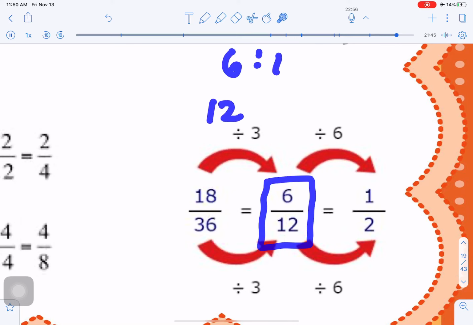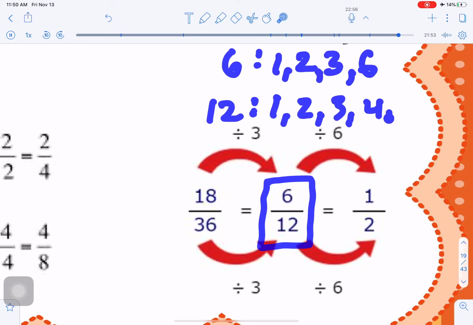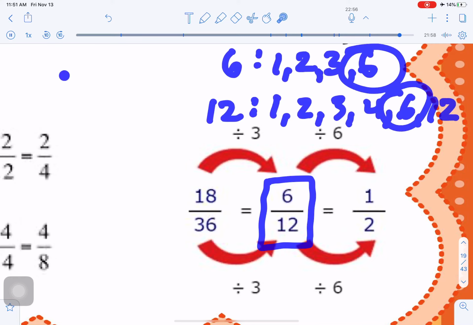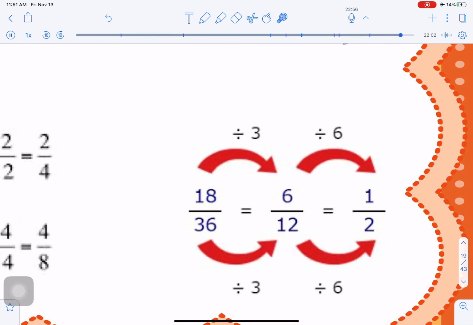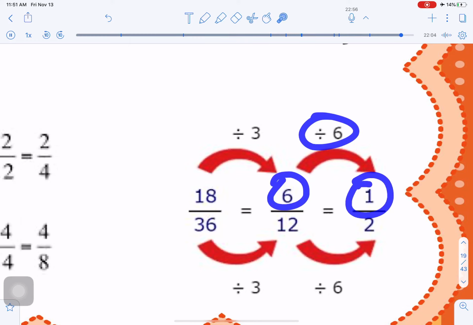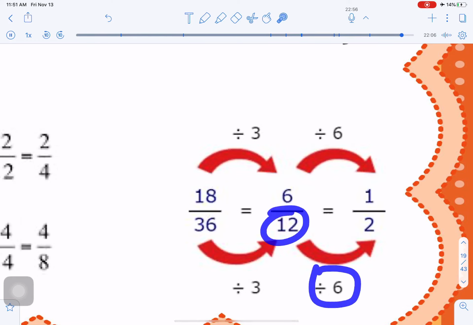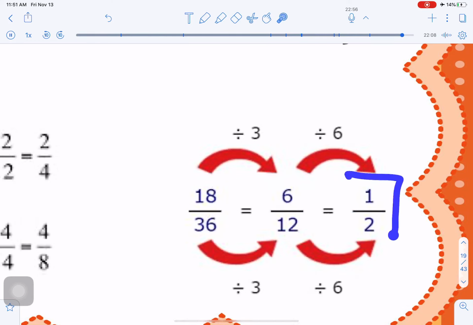And another good piece of information to know is that if you divide by the greatest common factor, you get the reduced fraction to be as small as possible. So here the GCF between 6 and 12 is 6. So we see that 6 divided by 6 is 1, and 12 divided by 6 is 2, which means that 1/2 is equivalent to 6/12, which is also equivalent to 18/36.